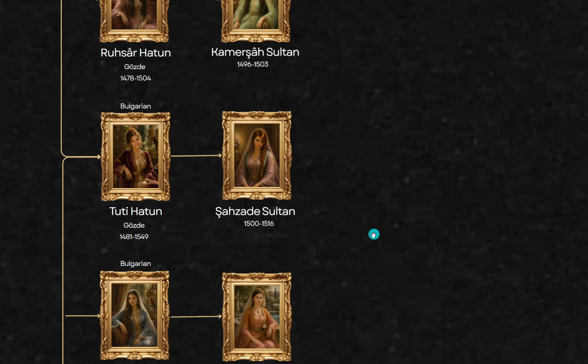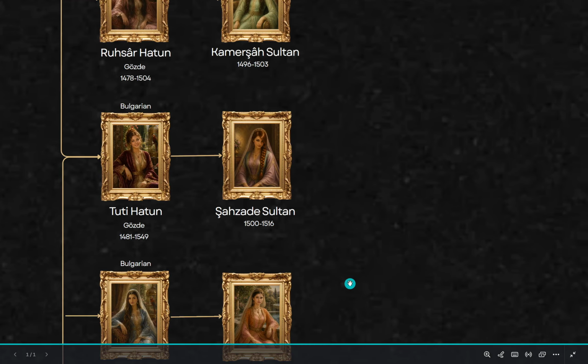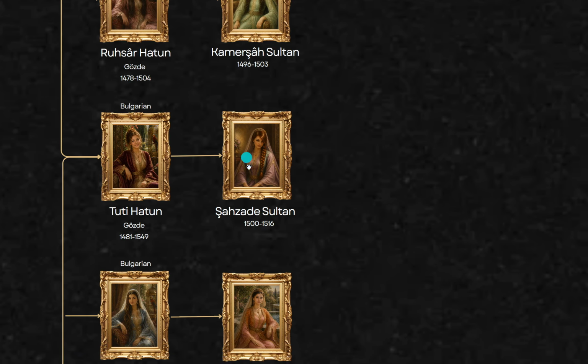So then we have Shahzada Sultan. Her story is also pretty interesting, right? She was married to a statesman and died young herself. You can see she was like 16 years old when she died.